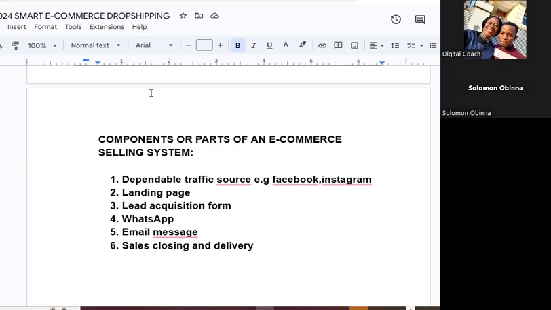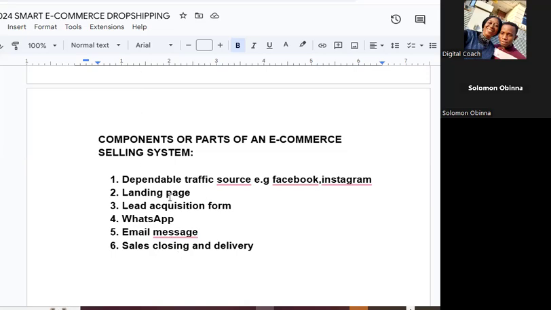In e-commerce, it does not come with any booking. What you just need is to collect details of your customers: their location, address, phone numbers, and the state where they want the delivery to take place. So different businesses have different selling systems.